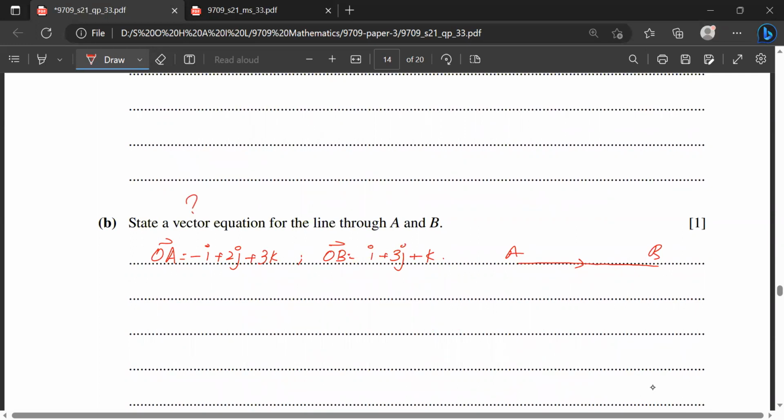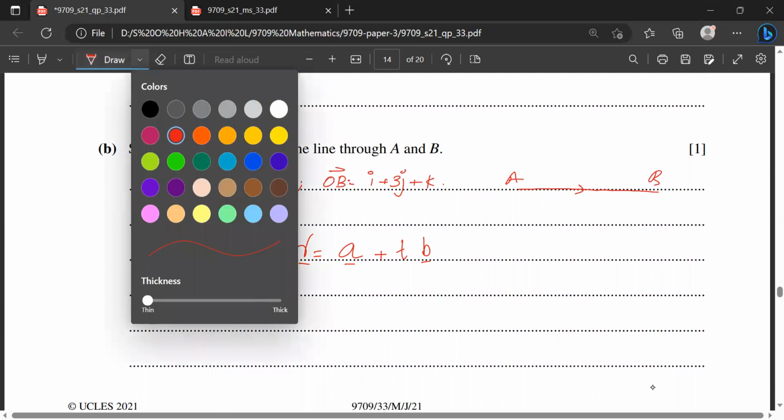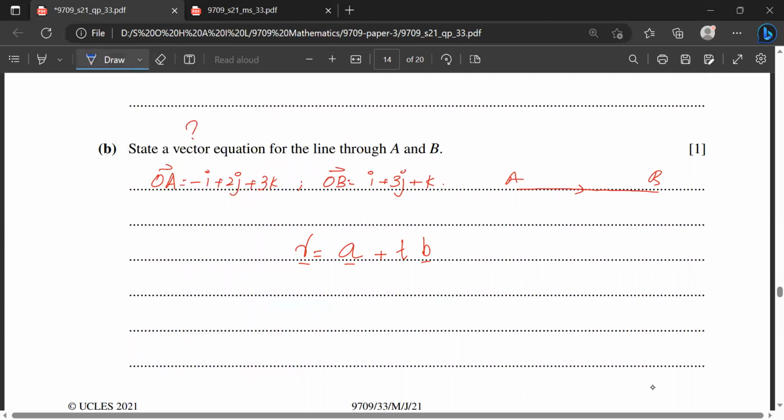So we know that the vector equation of a line is r equals a plus t times b, where t is the parameter, a is the point position vector, and b is the direction vector. In the above working, we already have the vector AB, which is 2I plus J minus 2K.